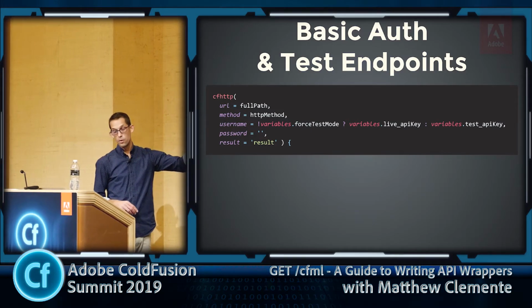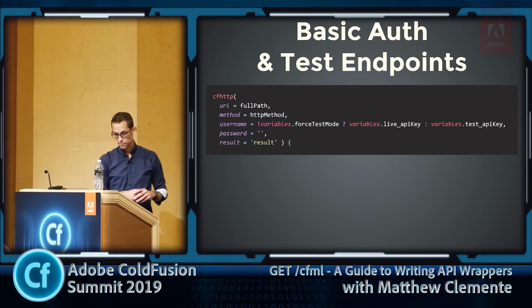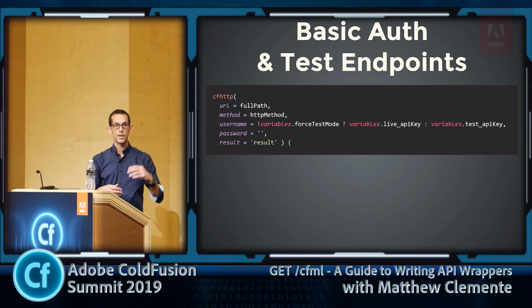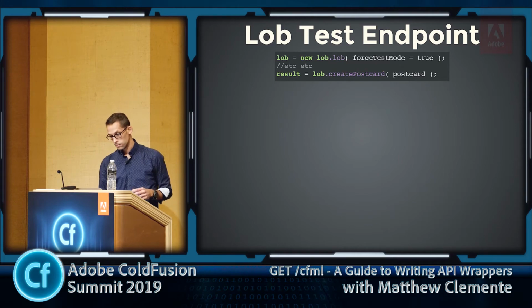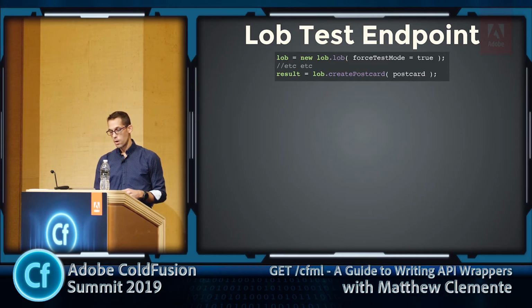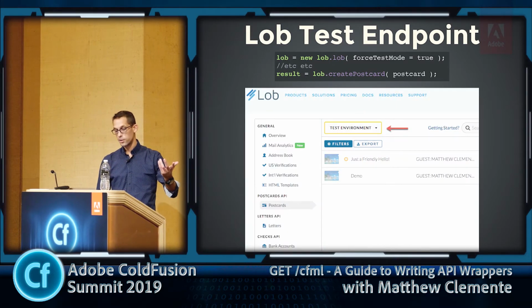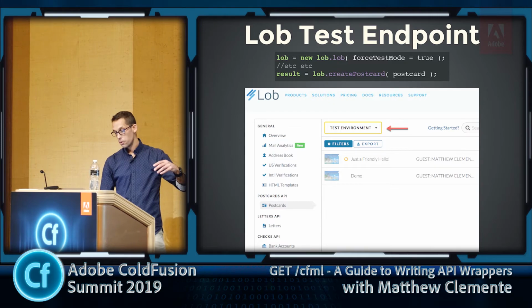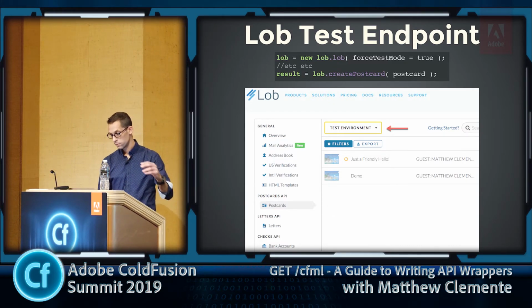But if it is test mode, we'll put in that test API key. And that way, that Boolean value will toggle whether these requests are made to the live or the testing environment. We could walk through this, 10 minutes left. When test mode is true, if I did create postcard, within my Lob dashboard, I would have a new postcard within their test environment.